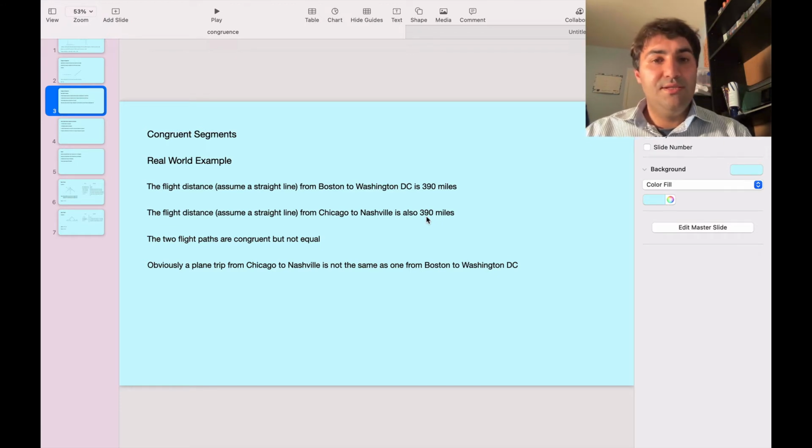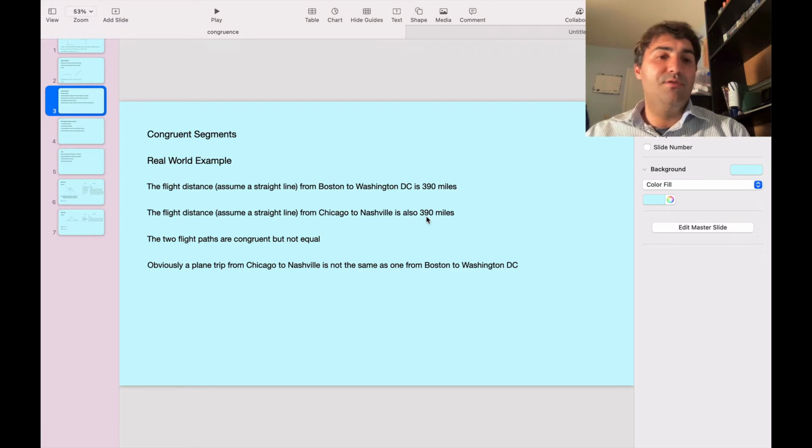If you drew these two flight paths on a map, they're actually congruent because they're both straight lines, and they both measure 390 miles, but they're not equal.